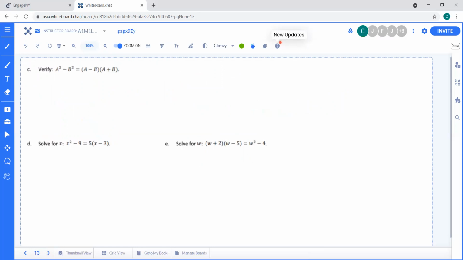Okay, so a squared minus b squared equals a minus b times a plus b. Because we know what? How can we prove that? Well, this is a times a minus b times b, right?